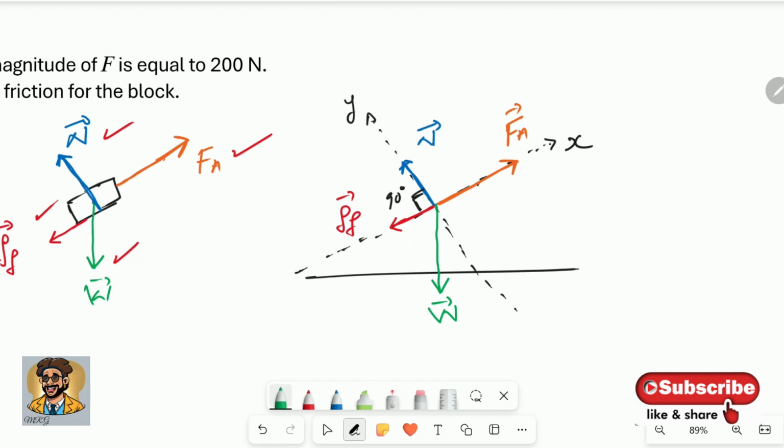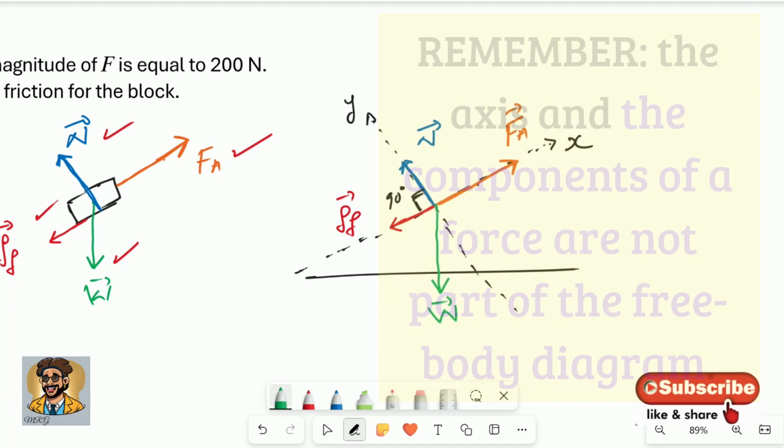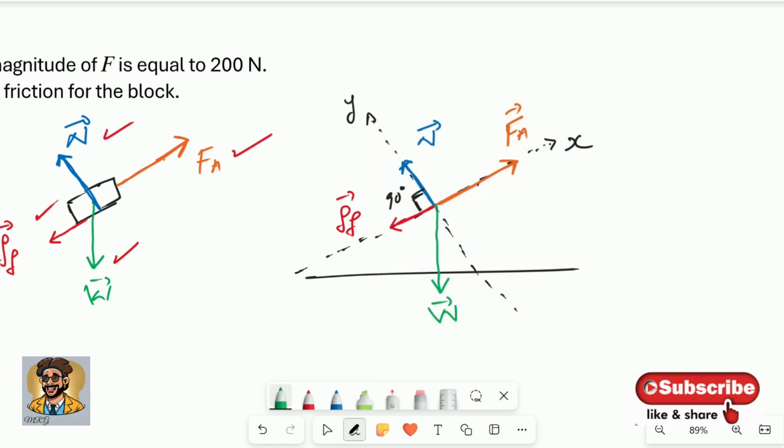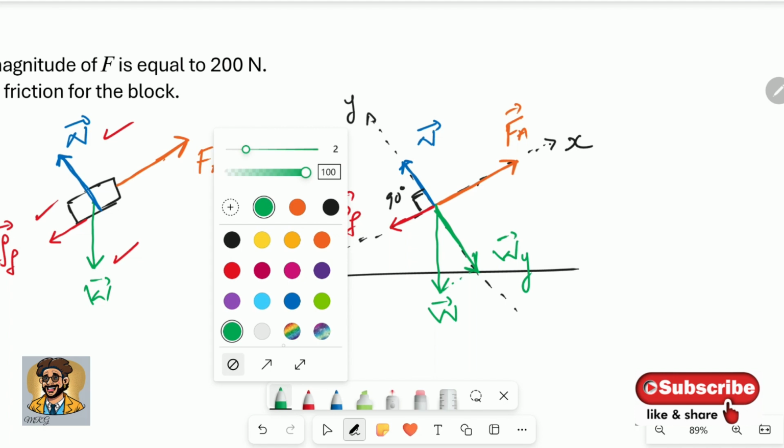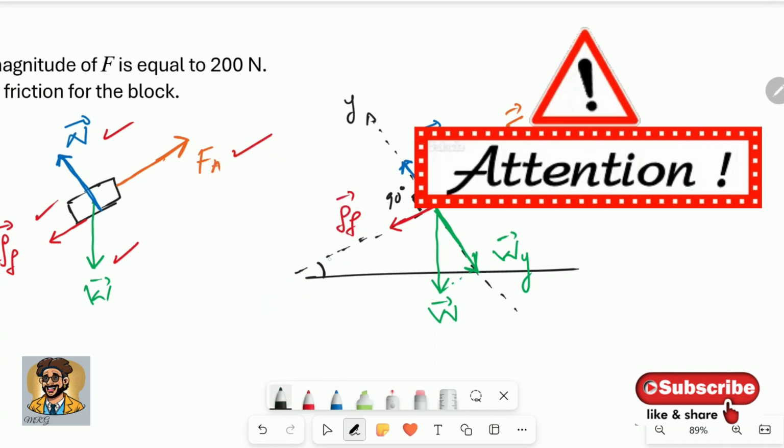Now, intentionally in this question, I ask you to include the components. It's not part of the free body diagram. I ask you intentionally because I want to use it. So when this one comes to the y-axis, you will get this one here. So this one will be the weight in the y-axis. And if the angle, now this one is something important also. This here is the angle of the surface. Is that correct? Which was 30 degrees.